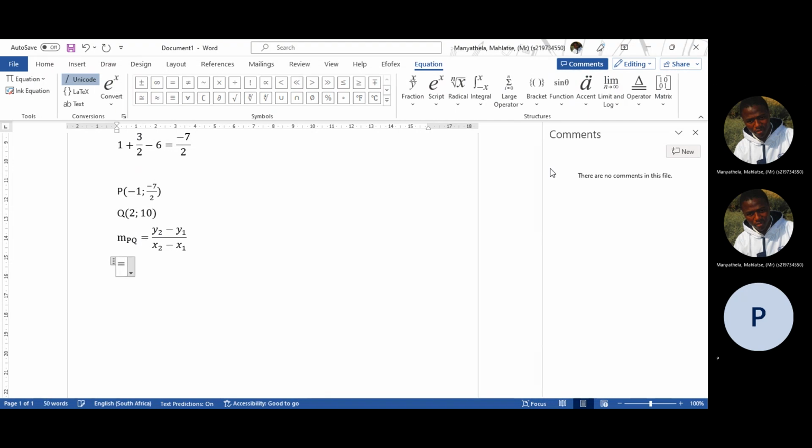So this side, we're having the value of y to be negative 7 over 2. Negative 7 over 2 minus the other y value, which is 10, all over minus 1 minus 2.